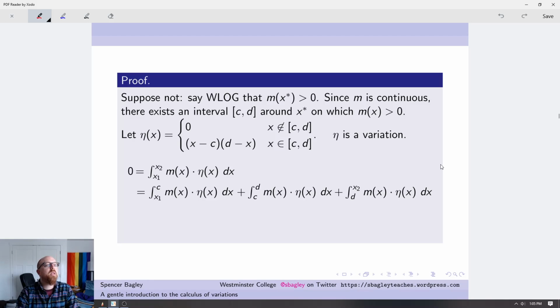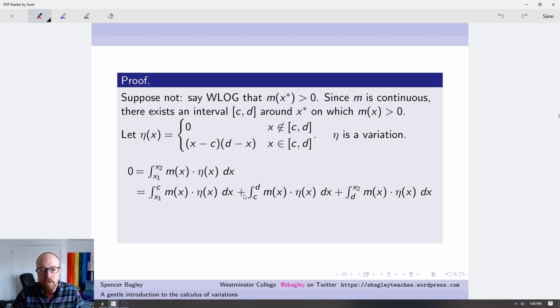Okay, I'm going to split up this integral into 3 pieces, and I bet you can guess what those pieces are. You're right. They're precisely the piece between where we start and C, the piece between C and D, and then the piece between D and where we end. All right, and the reason that I'm doing that is because eta of x is in fact 0 on this interval and on this interval.